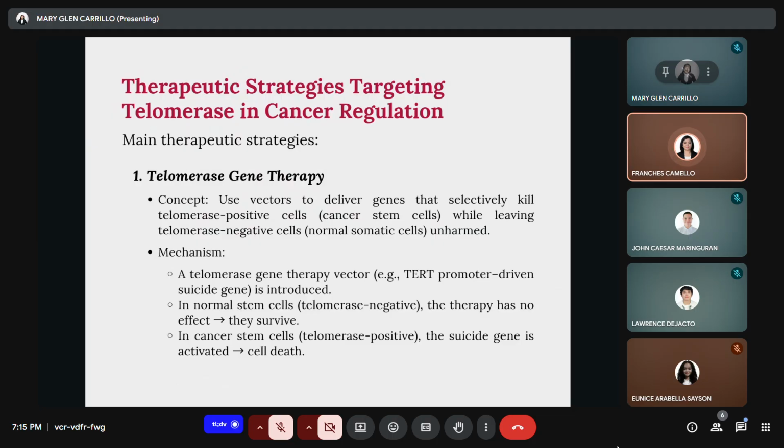Since TERT is active in cancer but silent in most somatic cells, only the cancer cells activate the suicide gene and die. When a telomerase gene therapy vector, specifically a TERT promoter-driven suicide gene, is introduced, in normal stem cells the therapy has no effect, so they survive. But in cancer stem cells, the ones that are telomerase-positive, the suicide gene is activated, which results in cell death. Next slide, please.